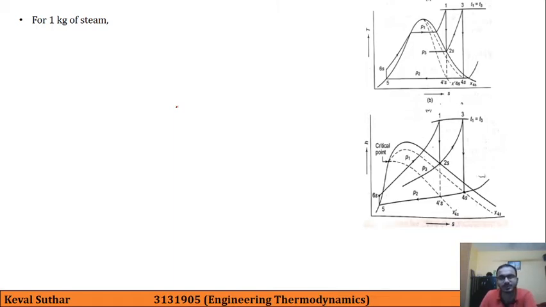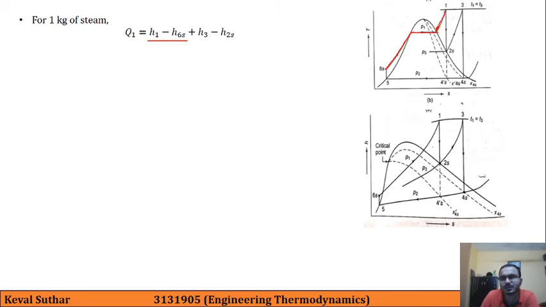For 1 kg of steam, Q1 is H1 minus H6S. That is this addition.